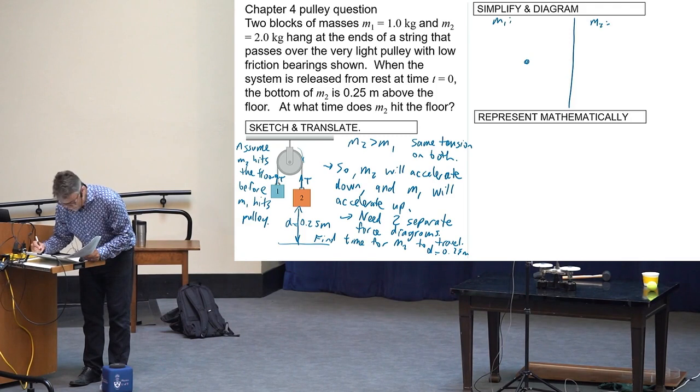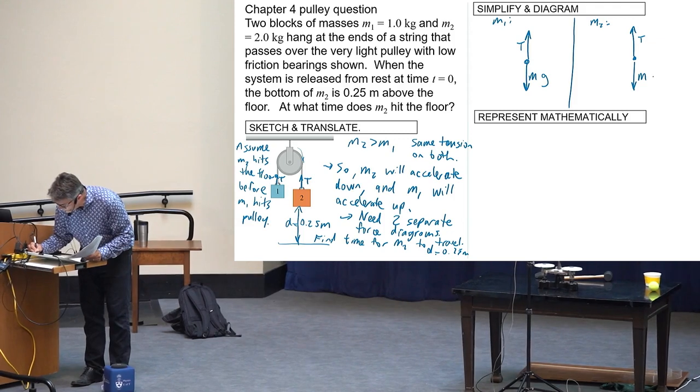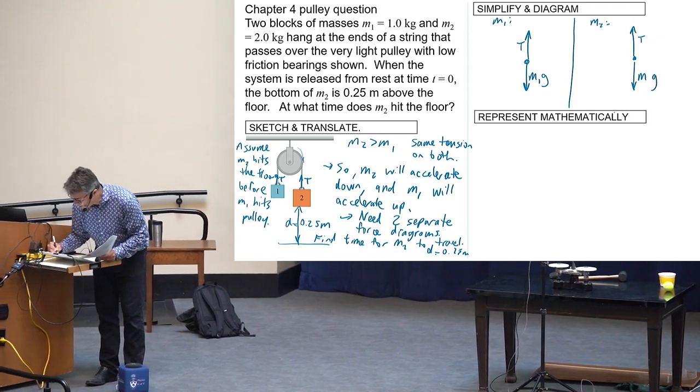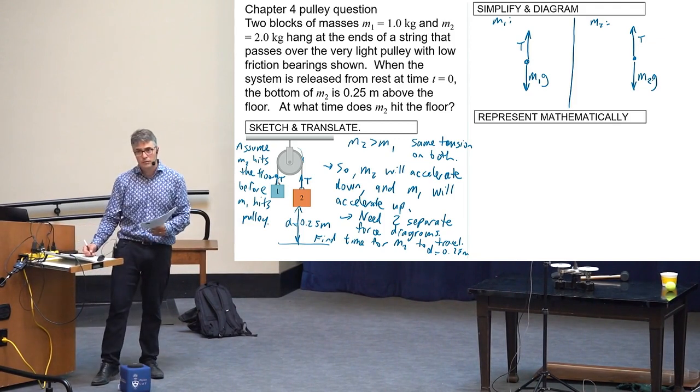So for M1, they're both actually very similar, right? You've got tension acting up and the force of gravity acting down. So I can draw that here as well. Tension acting up and the force of gravity acting down. So they're very simple looking diagrams, but M1g is the force of gravity on M1, and M2g is the force of gravity on M2.